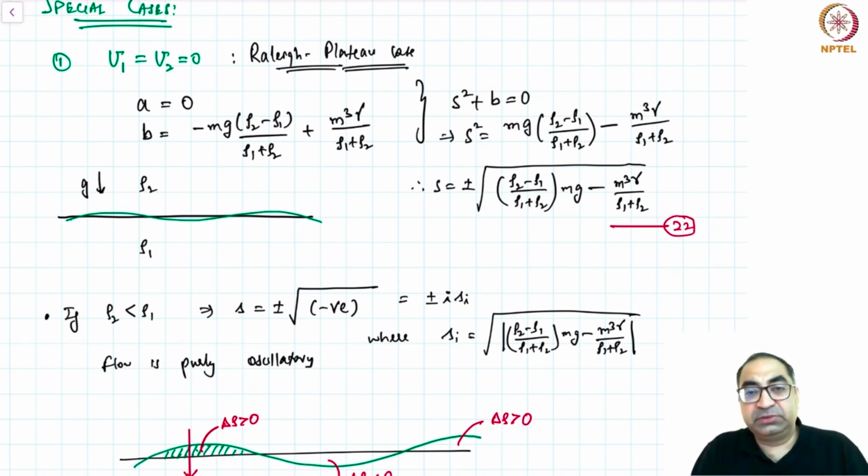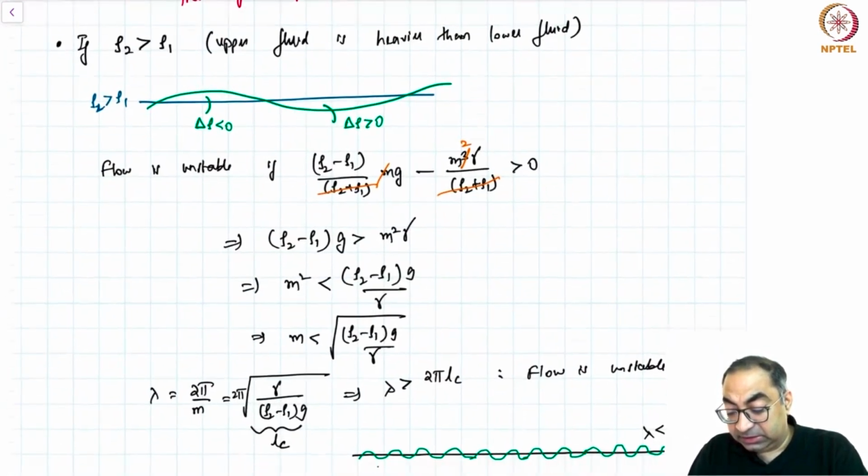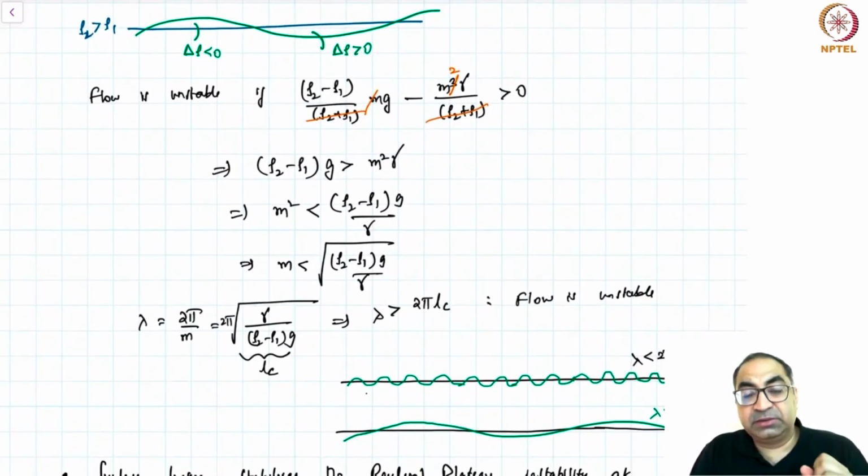So the heavier fluid tends to sink down. But what we find is that there is a critical wavelength. Only when you are exceeding the critical wavelength, 2 pi lambda c, does the flow become unstable.